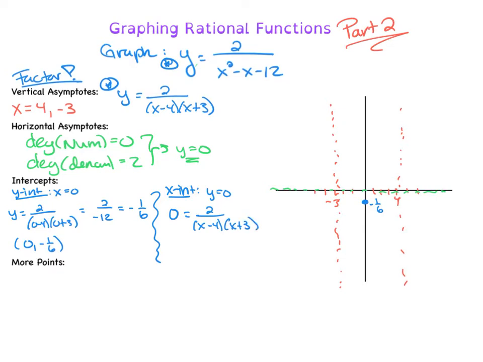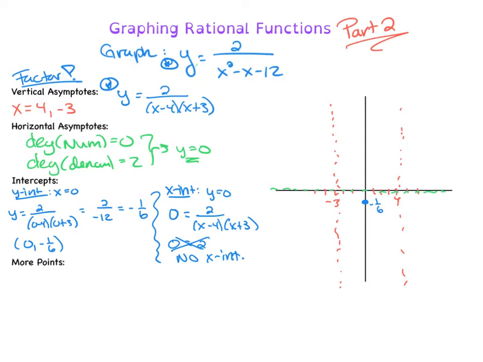If you multiply both sides by that denominator and clear the fractions, what you get is 0 equals 2, which is not possible. So that means that we have no x-intercept. This happened quite frequently in part 1 of graphing rational functions. That's actually really helpful. That tells us that our graph never crosses the x-axis.